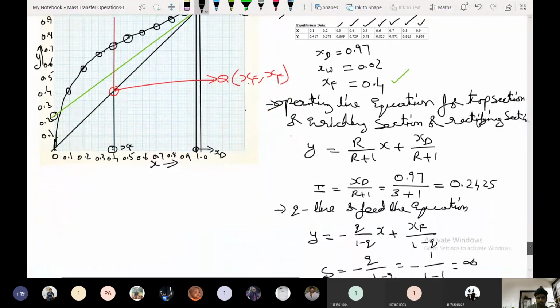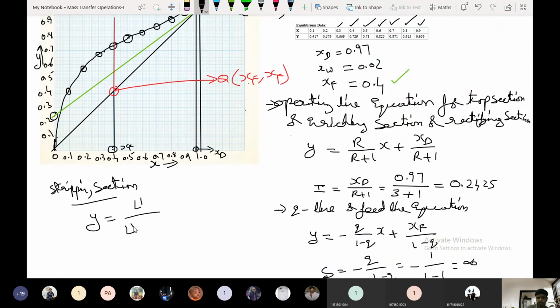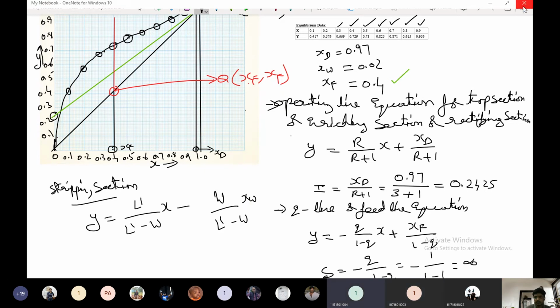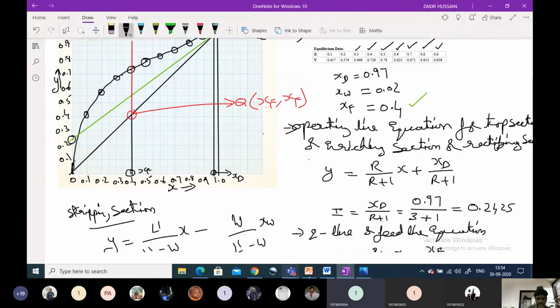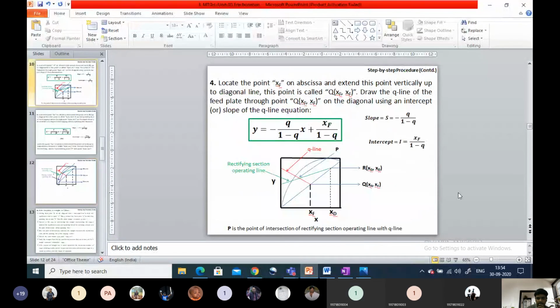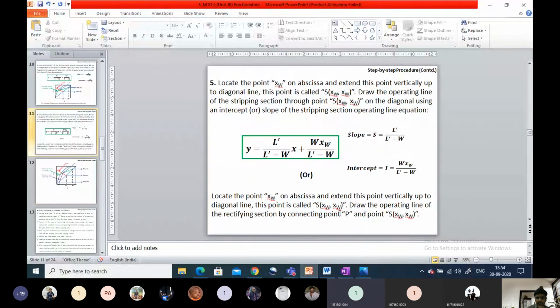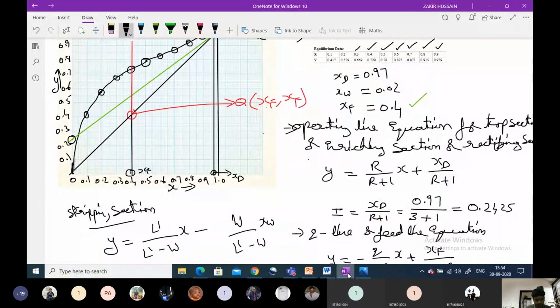We already know the stripping section operating line is L dash by L dash minus W into X, plus W xw by L dash minus W. Plus only, let me verify. I don't remember these equations. Okay, plus only. Thank you.